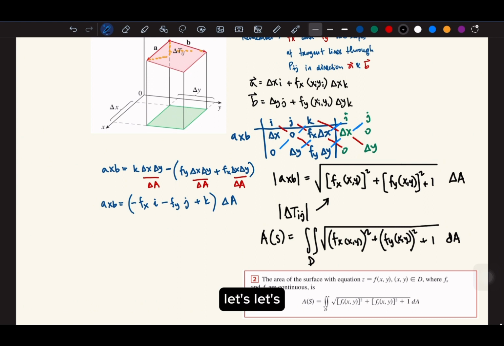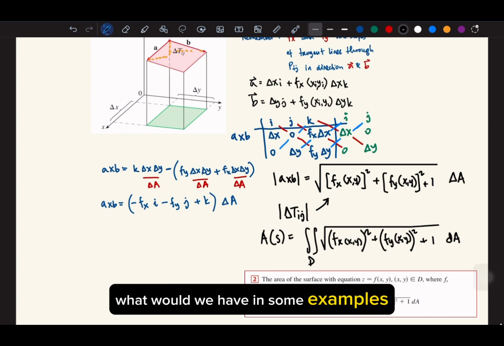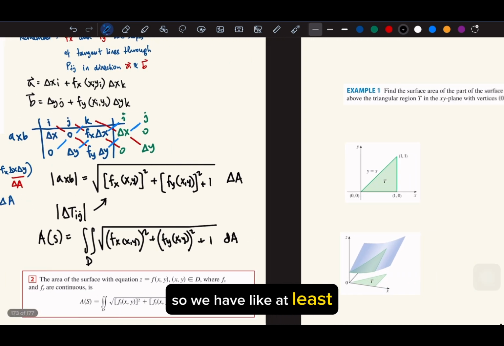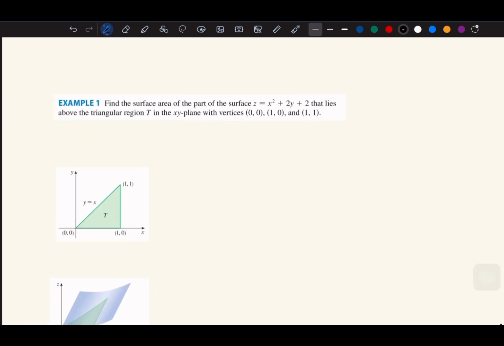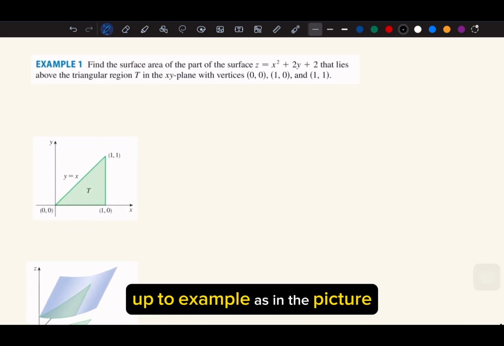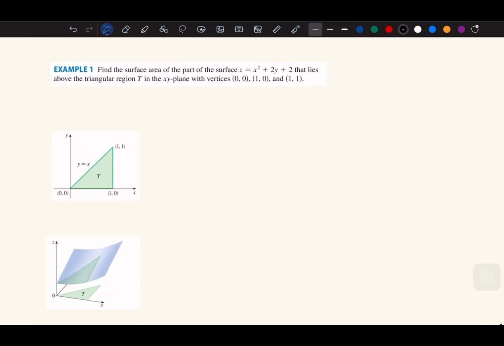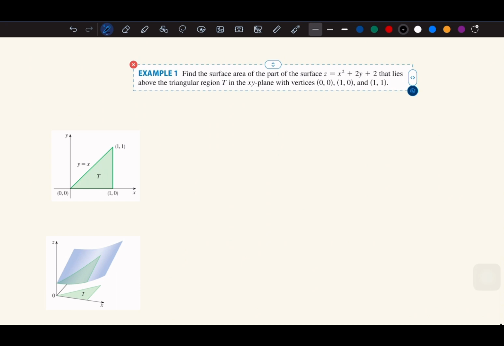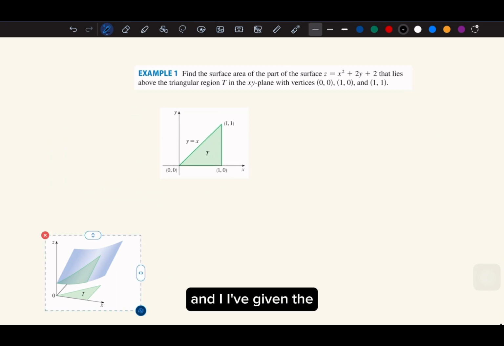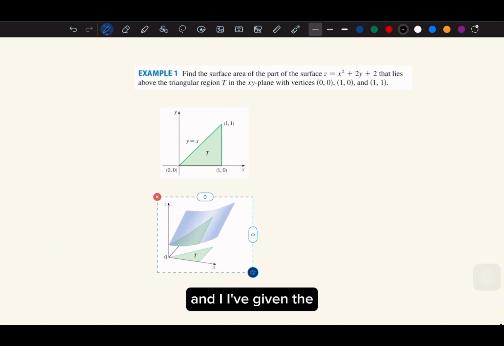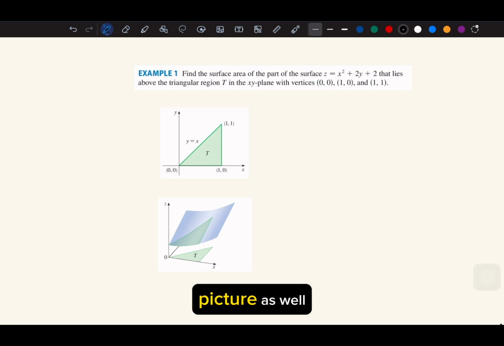Okay, let's look at what we would have in some examples, and I think that will be more important. We have at least two examples as in the picture, and I've given the picture as well.